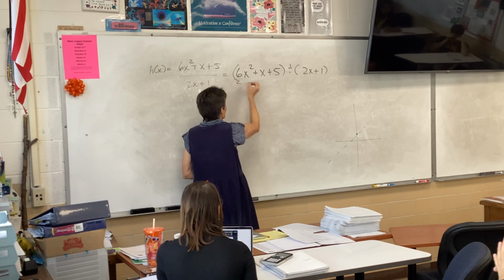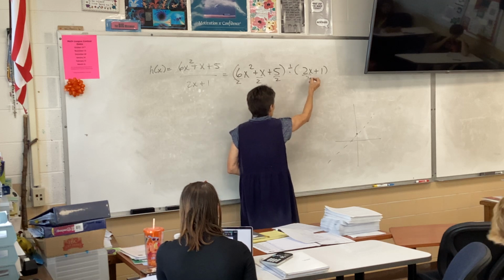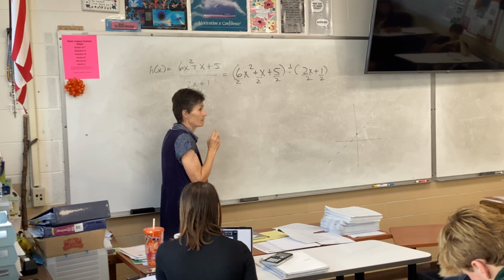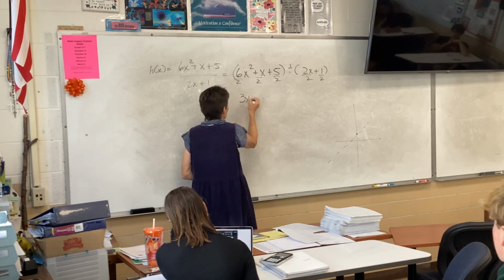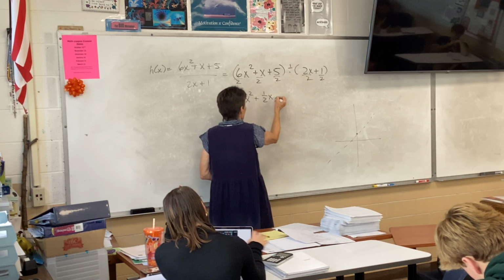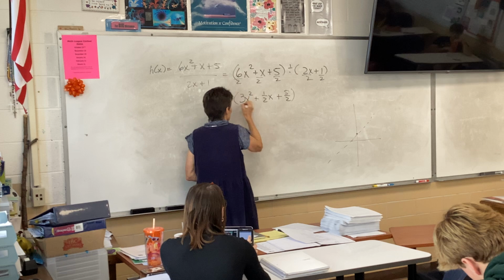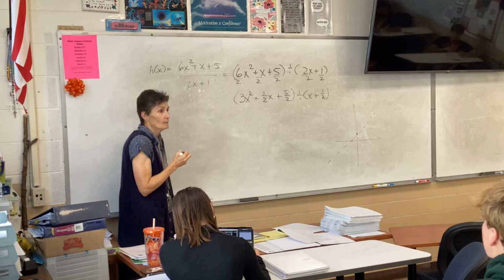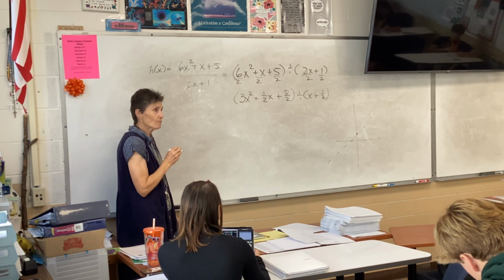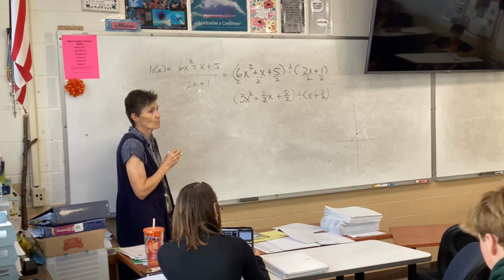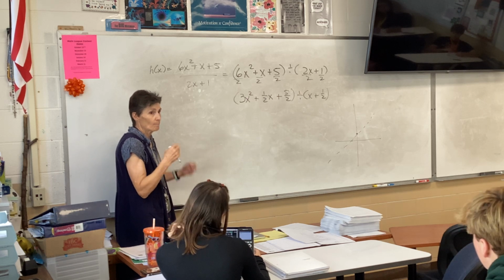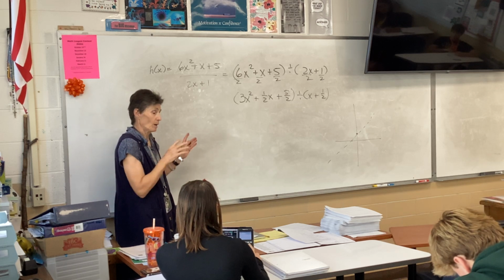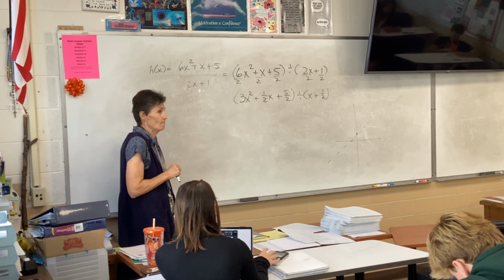So you can divide the whole shebang by 2. This is if you're going to do it with synthetic. So you really have 3x squared plus 1/2 x plus 5 halves divided by x plus 1/2. So if you don't mind fractions, you can do this with synthetic division. Personally, I avoid long division at all costs. I hate it. But we'll go through that too, and you'll just pick your favorite way.